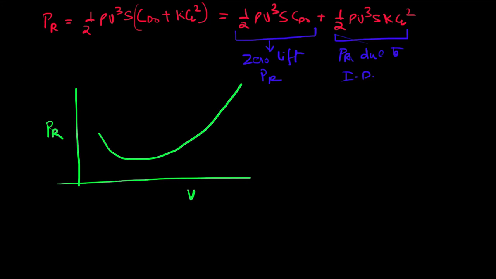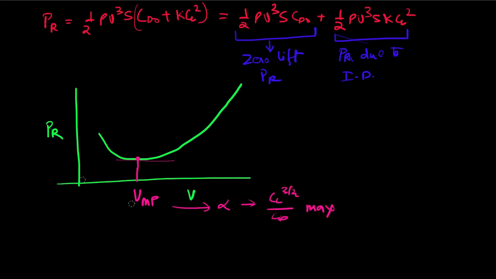So from this curve we can see that this point is the point for minimum power required, and this velocity is known as V minimum power, and at this velocity the angle of attack would be such that CL^(3/2) by CD would be maximum. So this is the minimum power required point.